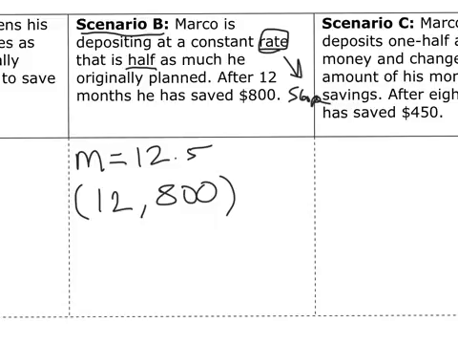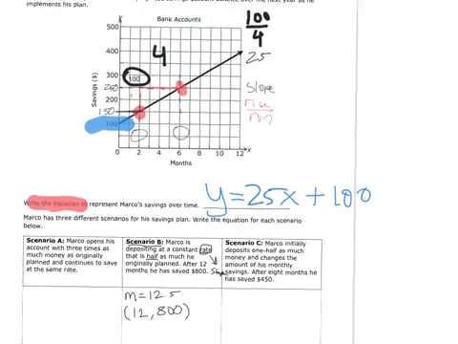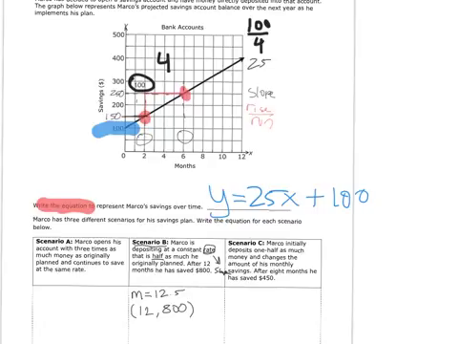Well, let's look at the original. The original, I had a slope of $25 per month, and I made it to $400 in 12 months.